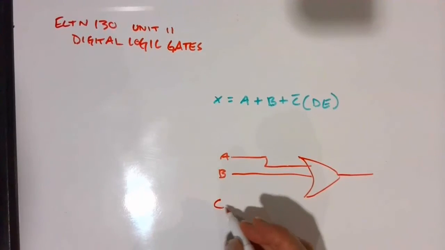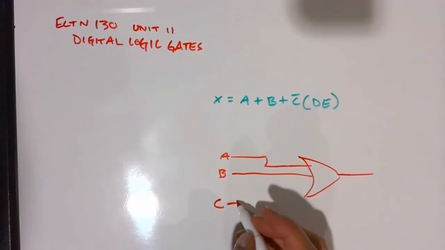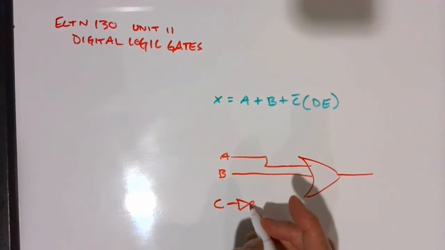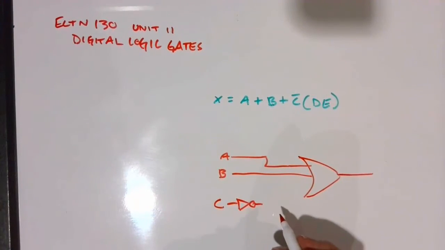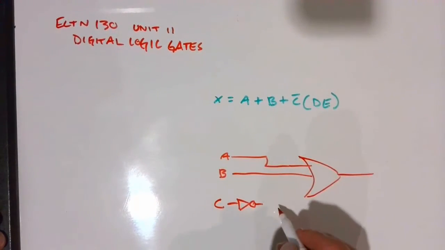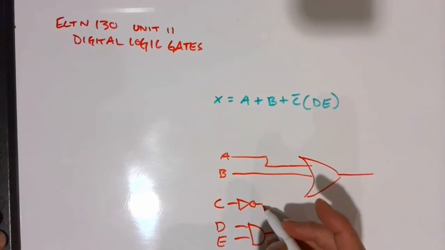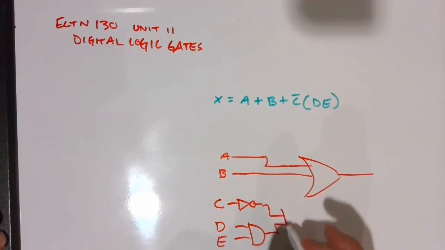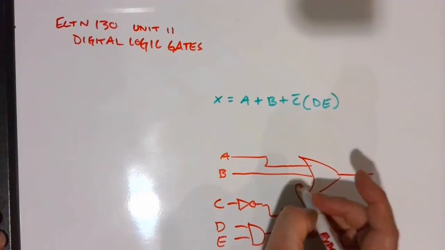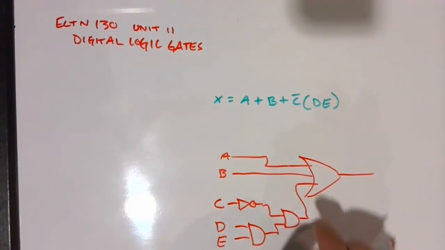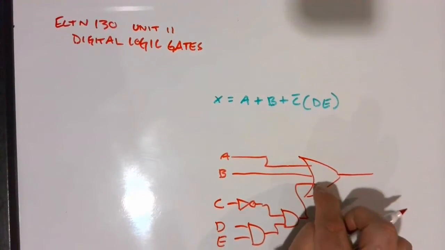Well, since C is inverted, we know that that has to be complemented like that. And then that is ANDed with D and E. So first of all, D and E are ANDed. And then those two terms are ANDed together. It's a little bit messy, but you should get the idea there, hopefully.